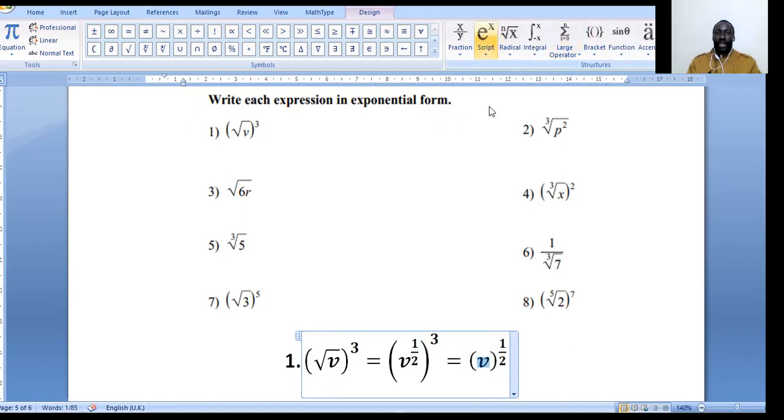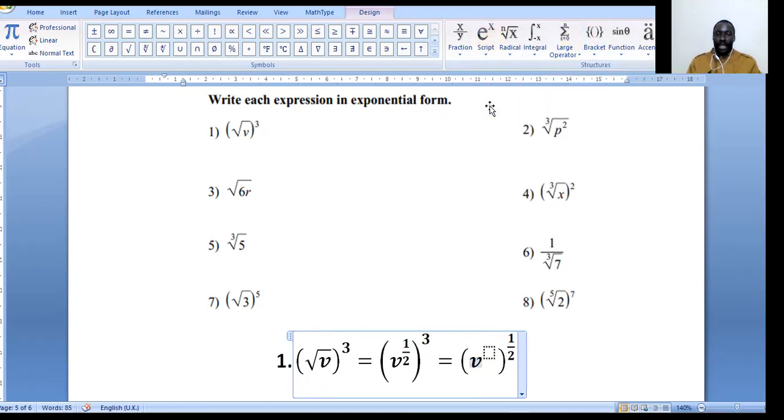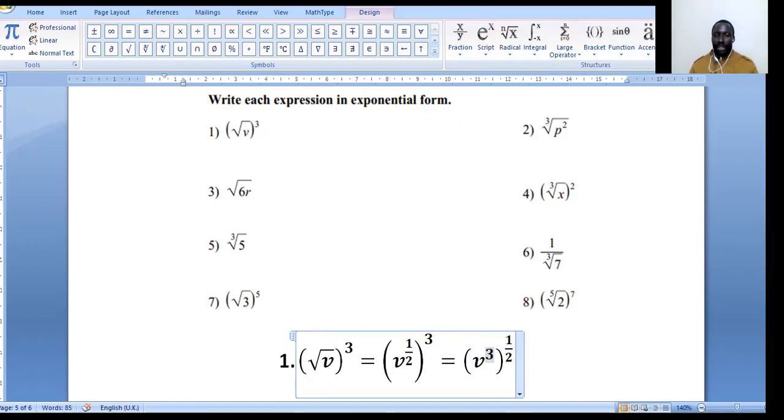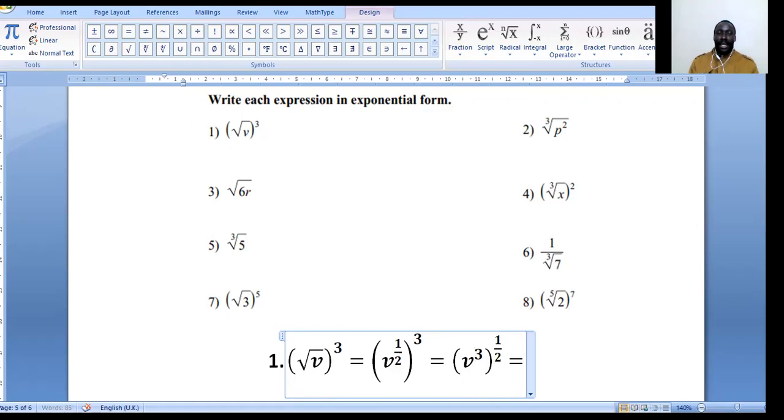What we did was just to exchange the positions. Instead of multiplying 3 by 1 and later bringing it inside, that's not necessary. We just bring 3 in and we put half outside. So see what that gives us? That will give us the square root of v cubed, basically that.